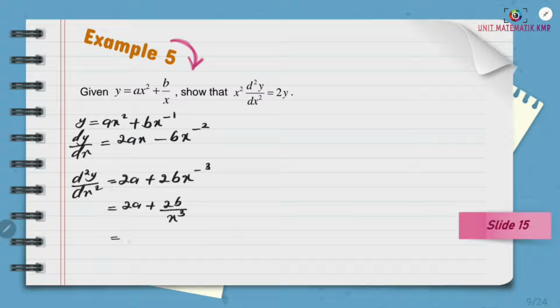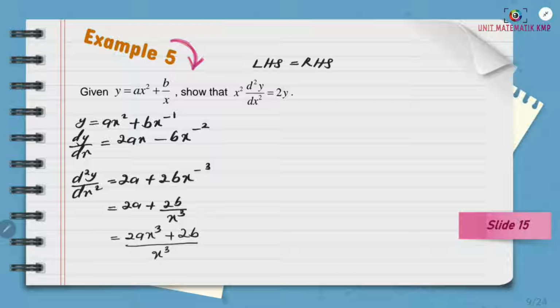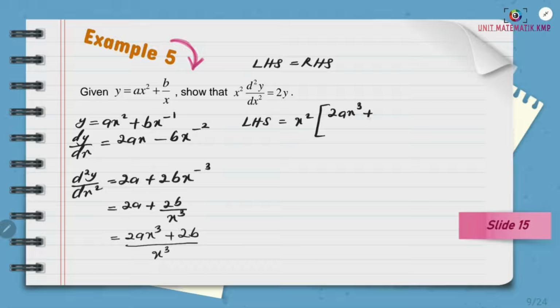We write in the same denominator. So we have 1 over x cubed times (2ax cubed plus 2b). Now, to show that the left hand side is equal to the right hand side: x squared times d2y/dx squared is x squared times (2ax cubed plus 2b) divided by x cubed.